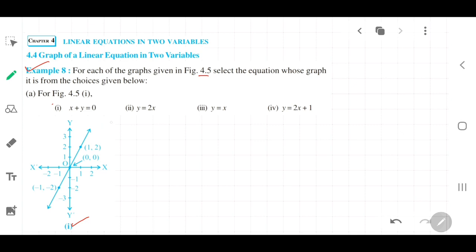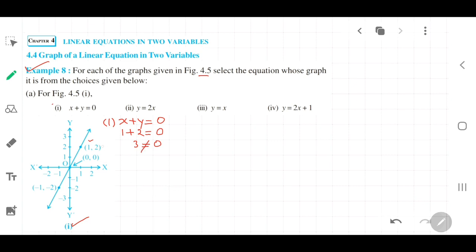Now, let us see the first one, that is x plus y is equal to 0. Now here the value of x is 1. Correct? So if you put here 1 plus the value of y, which is given as 2, you put here 2. That is equal to 0. So 1 plus 2 is what? We are getting 3 is equal to 0. Is 3 and 0 equal? No, they are not equal. Correct?